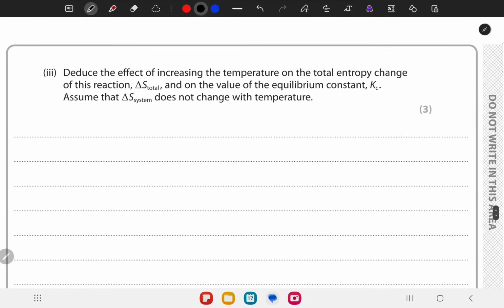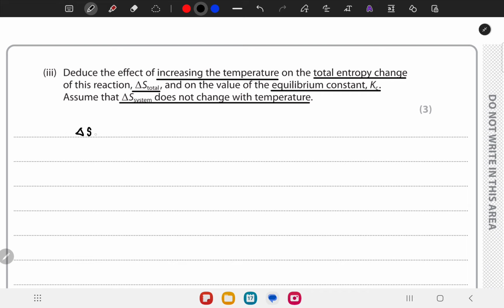Now in part 3 we have to deduce the effect of increasing the temperature on the total entropy change, del S total, and on the value of the equilibrium constant. We have to assume that del S system does not change with temperature. Since del S system does not change, the change in del S total will be due to del S surrounding.